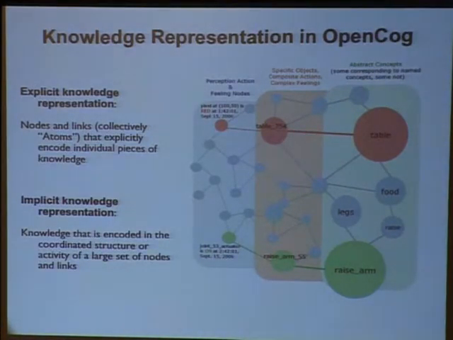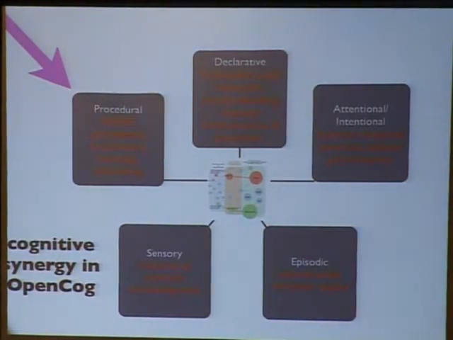OpenCog uses a weighted labeled hypergraph knowledge representation called the atom space, with different kinds of nodes and links and different weights. And acting on that atom space are different cognitive processes which deal with learning different kinds of knowledge: declarative, sensory, motor, procedural, and so forth. For example, a logic engine called PLN handles declarative knowledge.